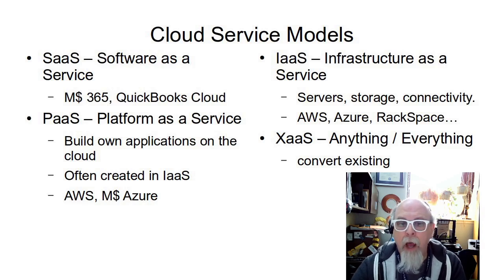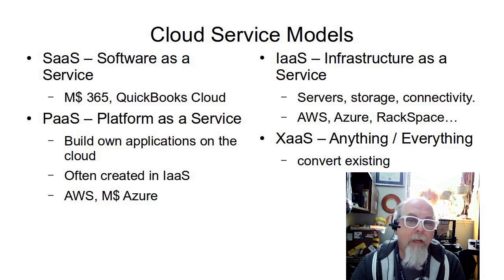So instead of owning your own server infrastructure, instead of owning your own data communications, you just lease it from Amazon Web Services or Microsoft or Rackspace or GoDaddy or one of the other providers that will sell infrastructure.